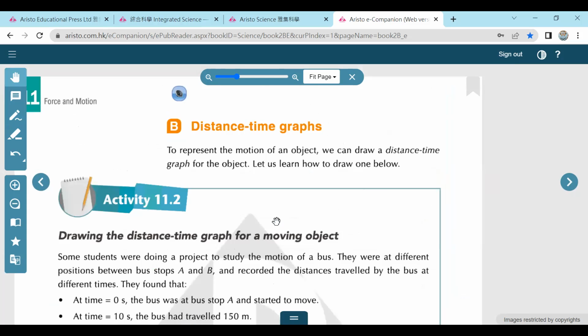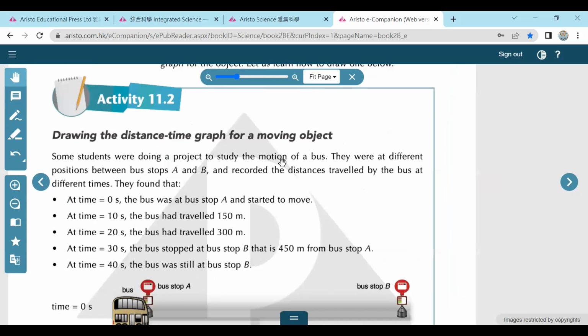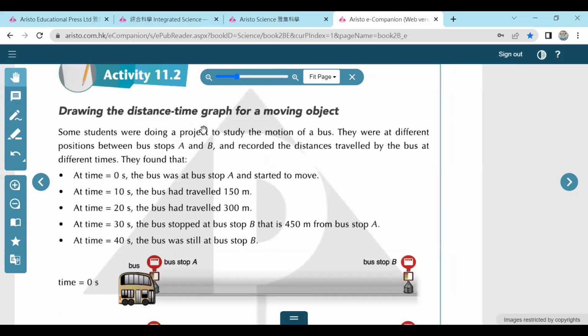To represent the motion of an object, we can draw a distance time graph for the object. Let's learn how to draw one below. Some students were doing a project to study the motion of buses. They were at different positions between bus stop A and B and recorded the distance traveled by the bus at different times.